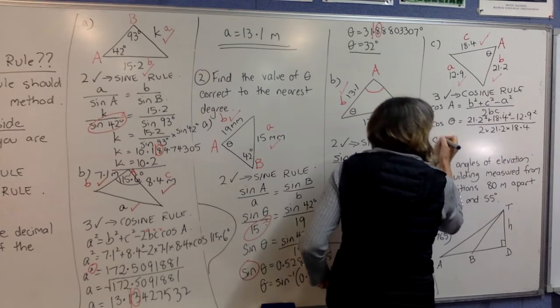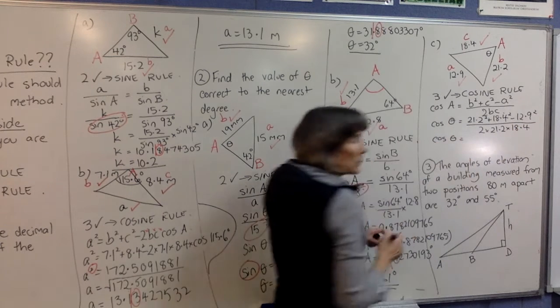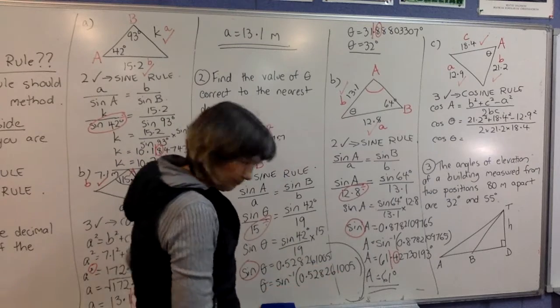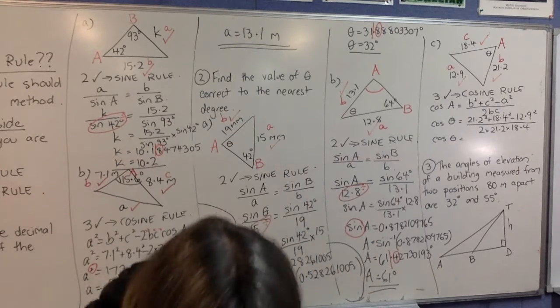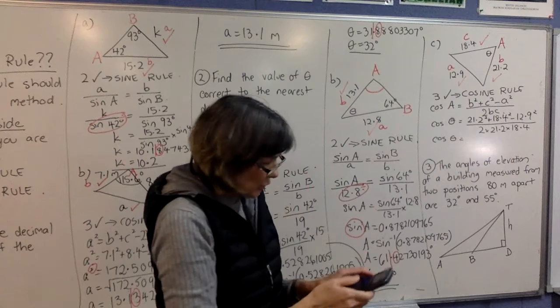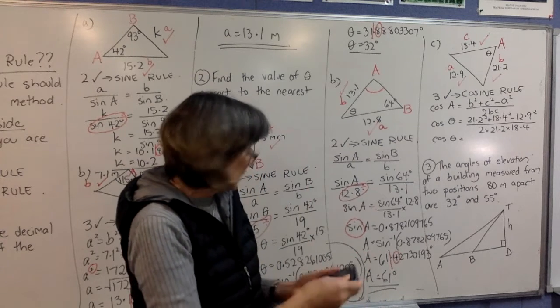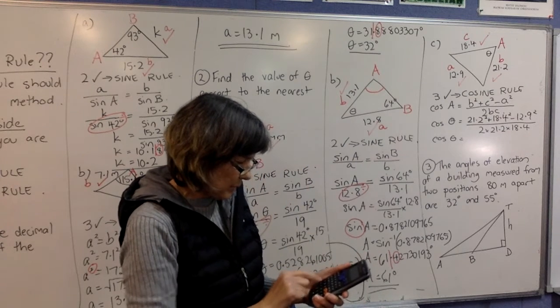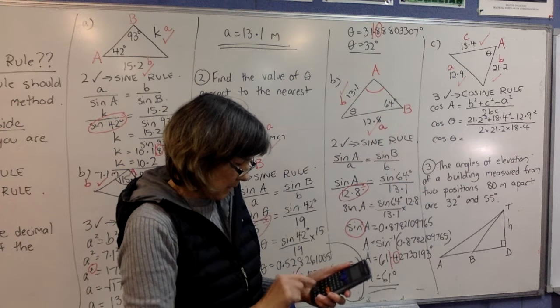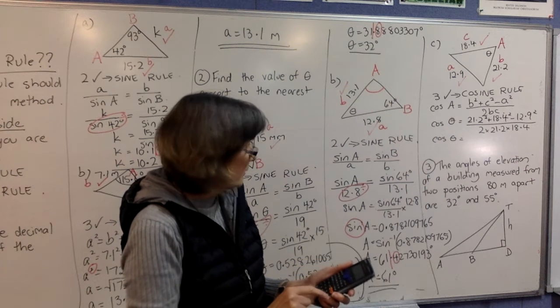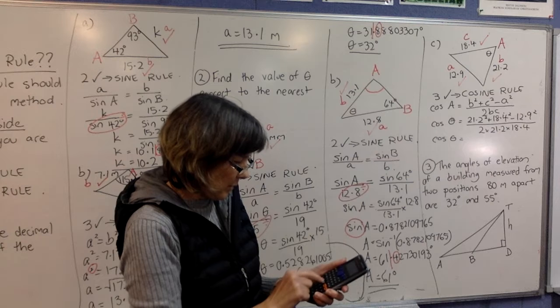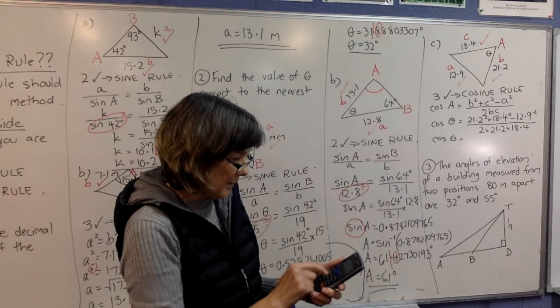All right, so now you go into your calculator with that big fraction. So let's type it in. We've got a fraction over there, so press your fraction key. On the top, we've got 21.2 squared plus 18.4 squared minus 12.9 squared.